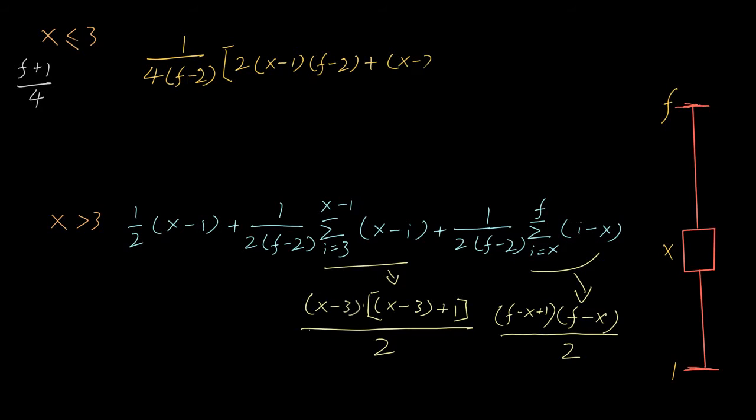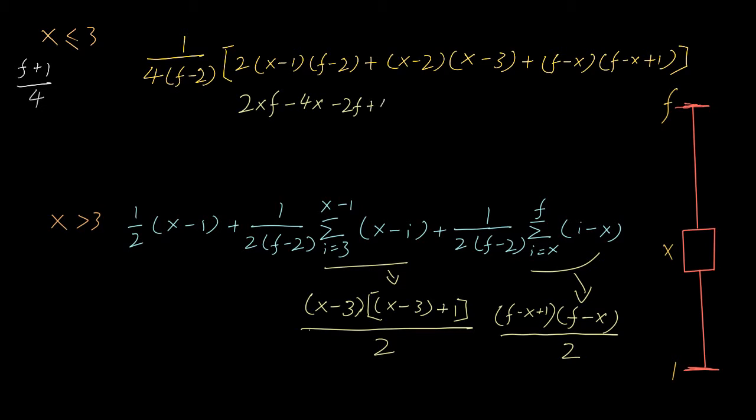So the second part is obviously x minus 2, x minus 3, plus f minus x, f minus x plus 1. And we can unfold the brackets and get 2xf minus 4x minus 2f plus 4 plus x squared minus 5x plus 6 plus f squared minus 2xf minus f plus x squared minus x.